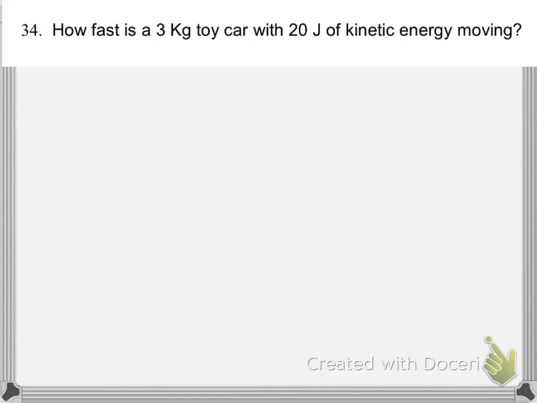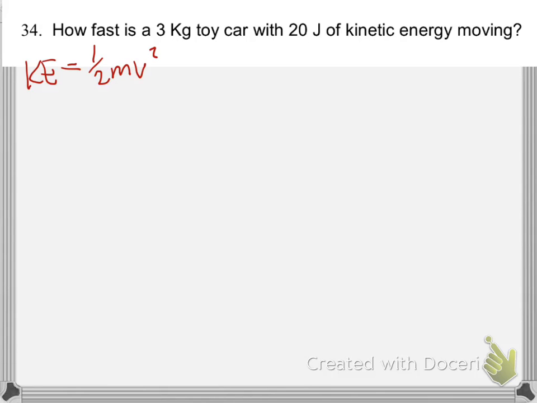And number 34. How fast is a 3-kilogram toy car with 20 joules of kinetic energy moving? Again, we are going to have to manipulate our formula for kinetic energy, which is half mv squared.